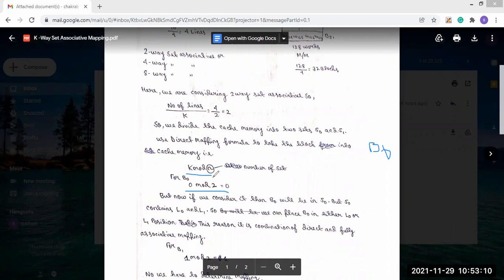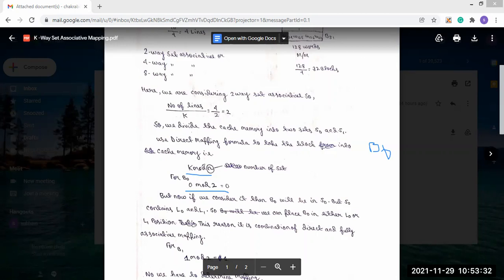Here in set associative, we specify not the line but the set: whether this block will go to S0 or S1. In K we are mentioning 0 because we are using B0, block 0.